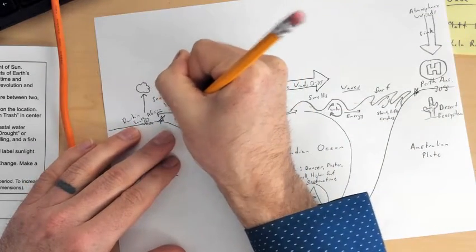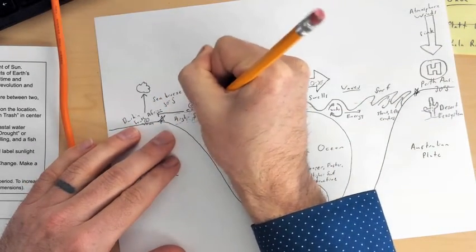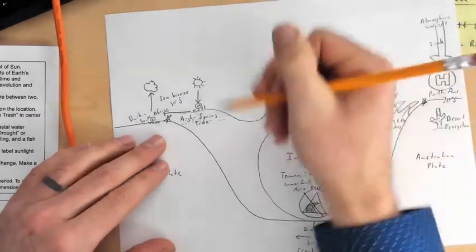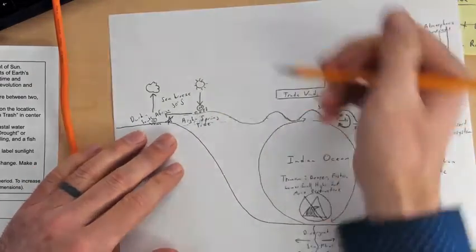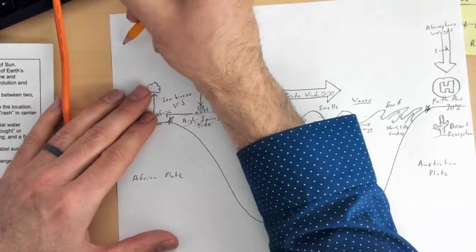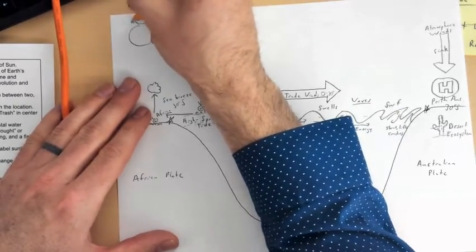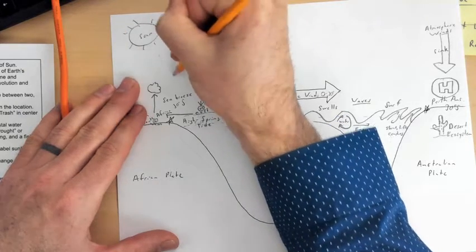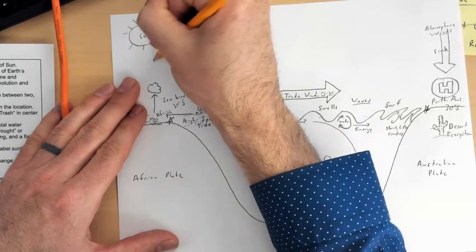So I'm going to write in that it's a high and spring tide that is lifting the water vertically here. And the reason why it's lifting the water vertically is because the sun and the moon are aligned.